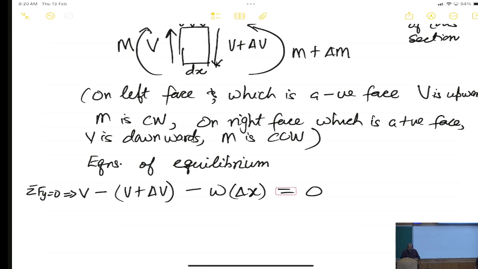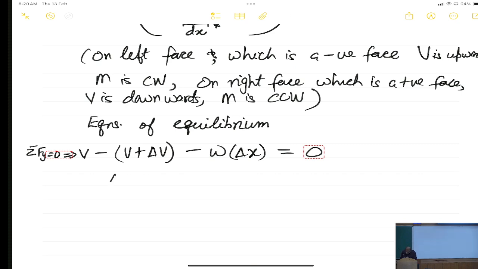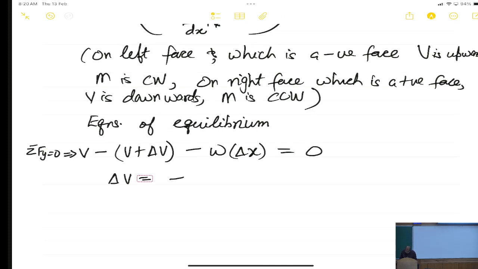So, this leads to delta V is equal to minus W delta x.